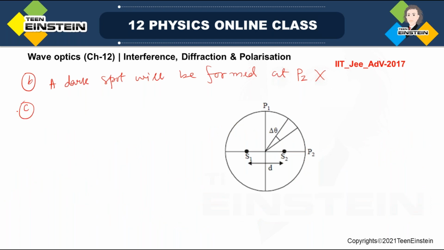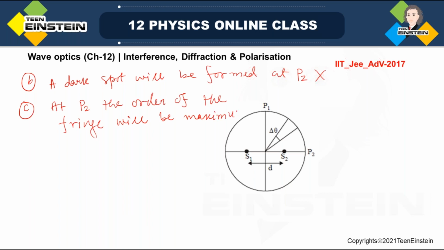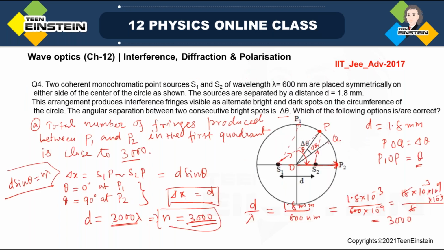Option C: at P2 the order of the fringe will be maximum. That is also true. I'll just go to the previous.